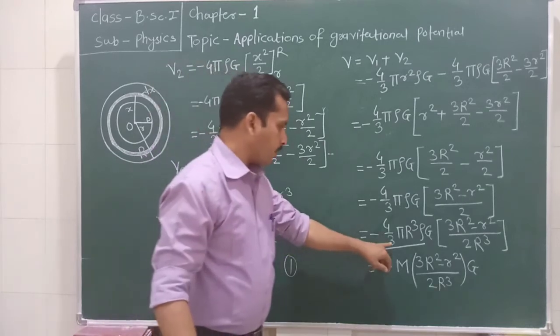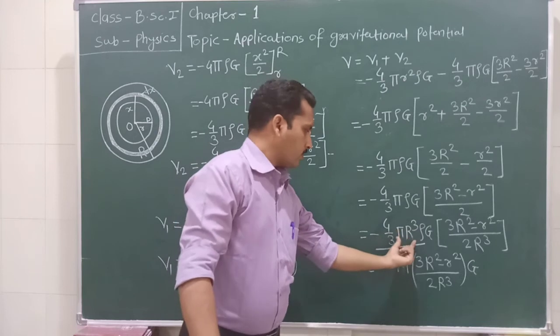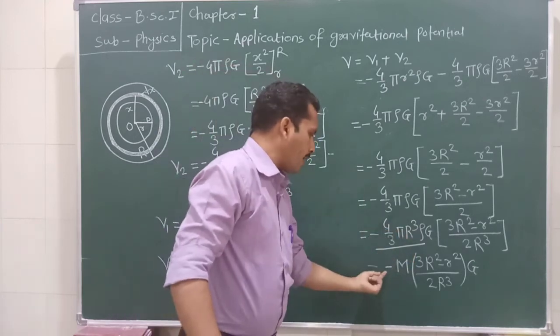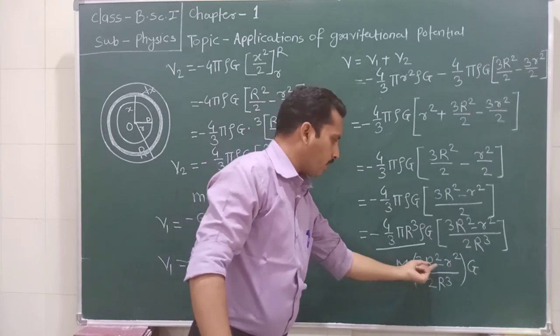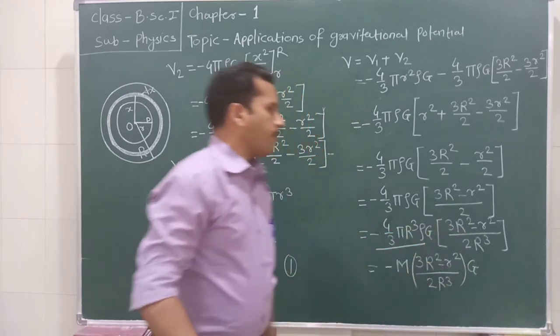What is this? 4 by 3 pi R cube is volume, and volume multiplied by density is equal to mass. So this is the total mass of this solid sphere. So it is equal to minus M into 3R square minus r square divided by twice R cube, multiplied by g.